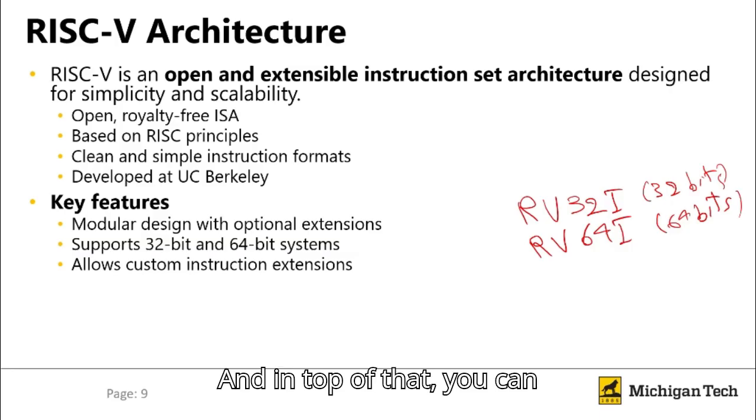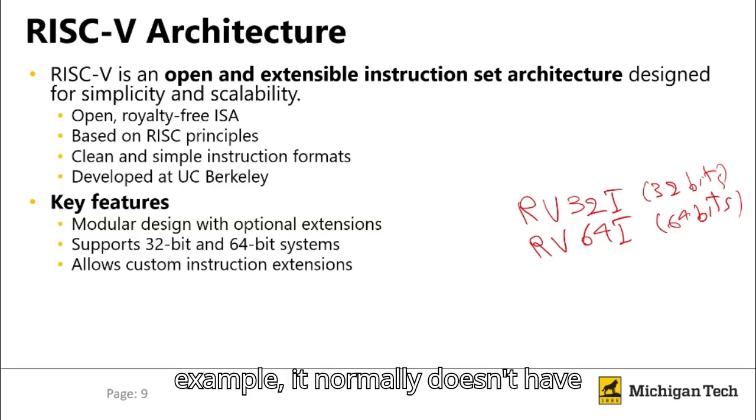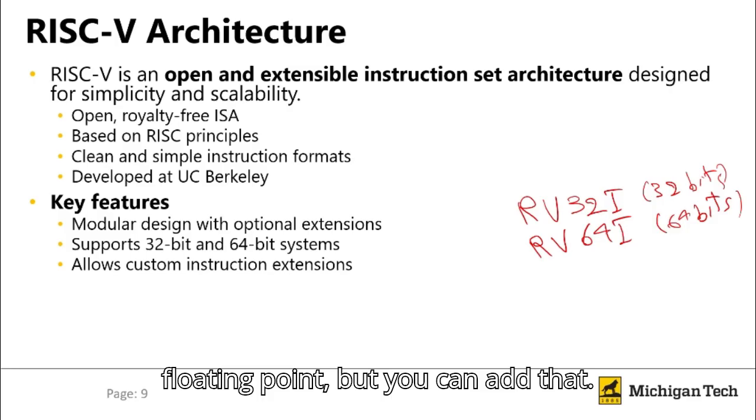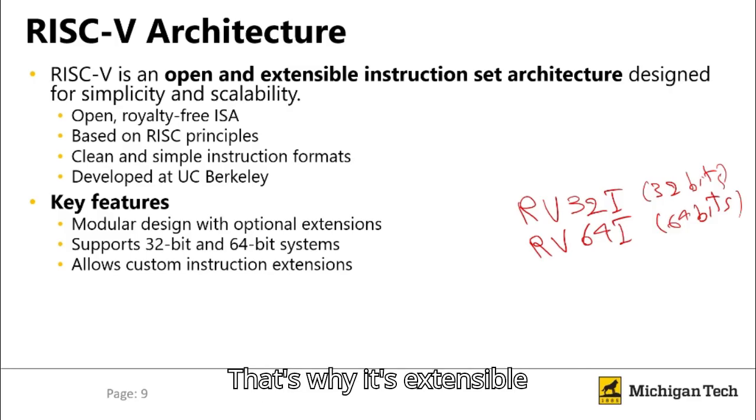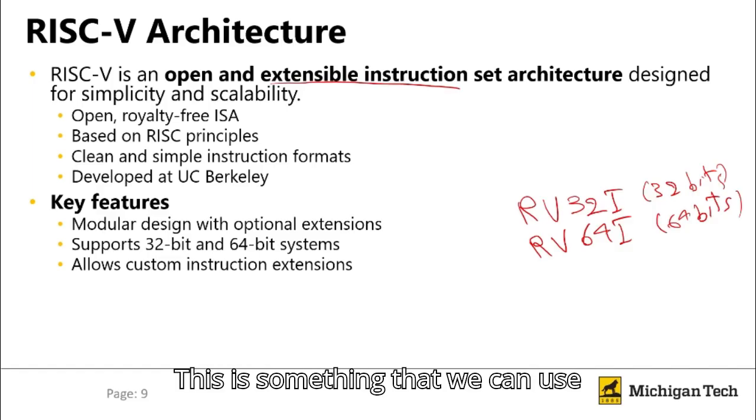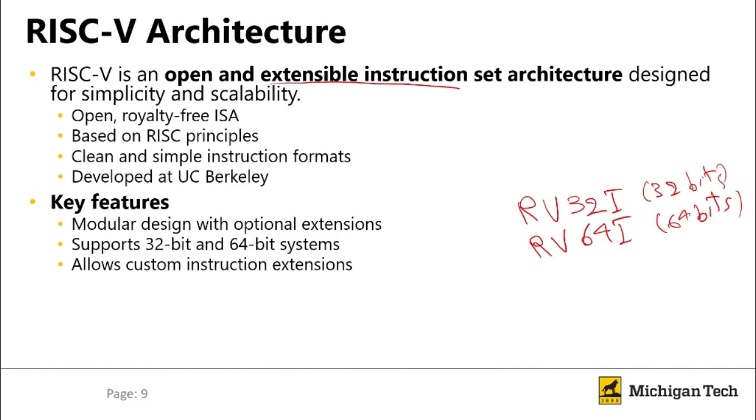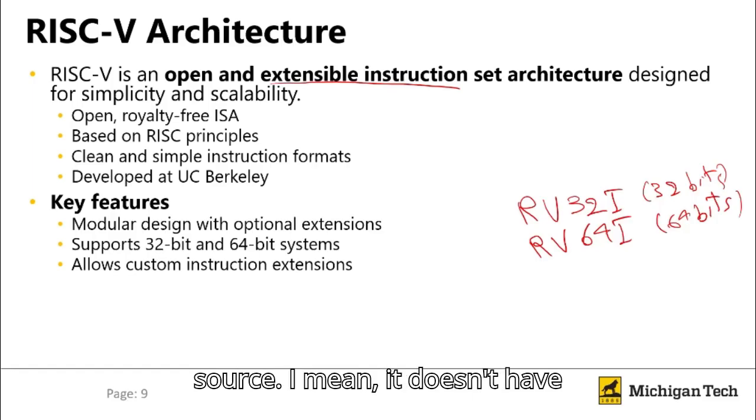And on top of that, you can actually add new instructions. For example, it normally doesn't have instructions for vectors or floating point, but you can add that. That's why it's an extensible structure. You can extend it. It is open source, I mean, it doesn't have a license.